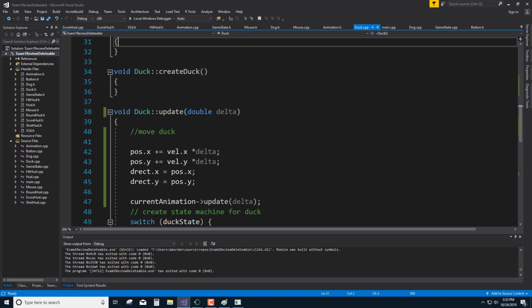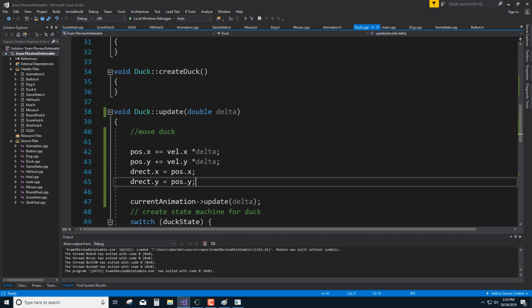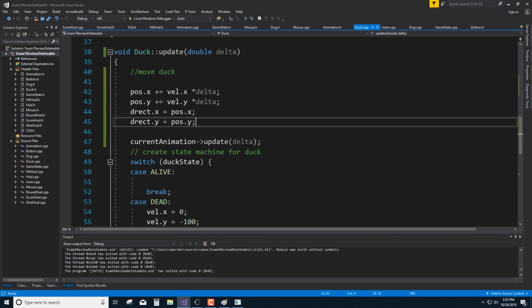Okay, we got motion, we have animation. We need to add some rules. It needs to stay on the screen, right? So let's put all that in.